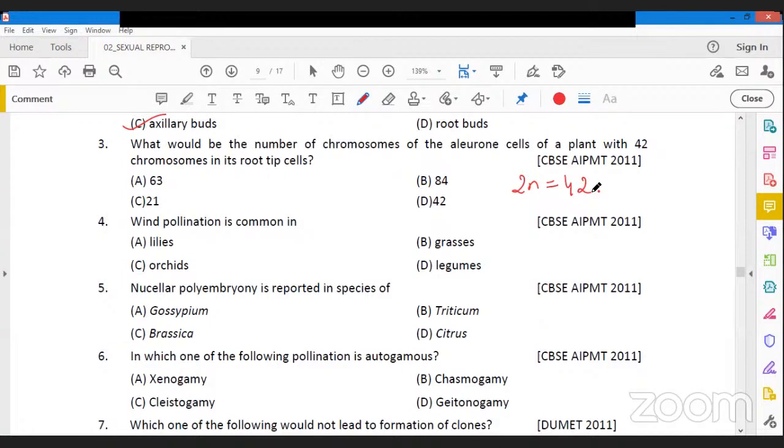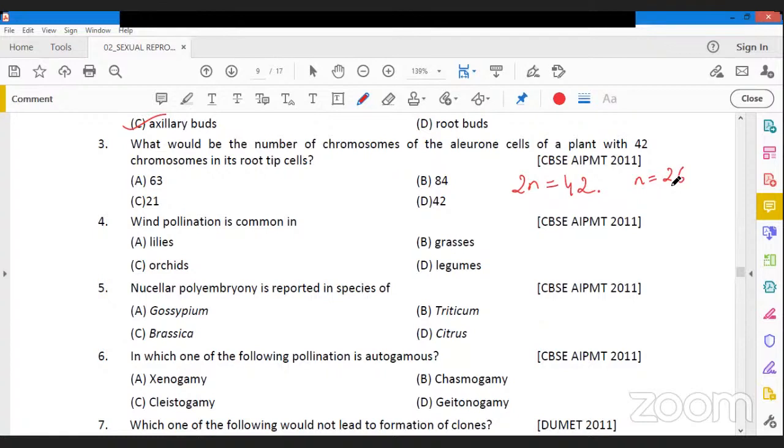The ploidy of aleurone is 3n. So see what 3n should be. n will be 42 divided by 2, what do we get? 26. So 26 will give you n. So 3n will be 26 into 3, which should be 78.